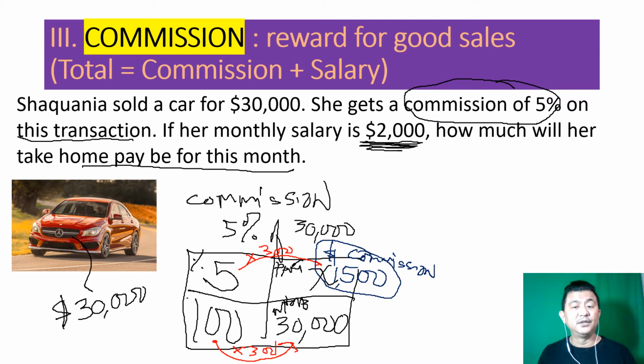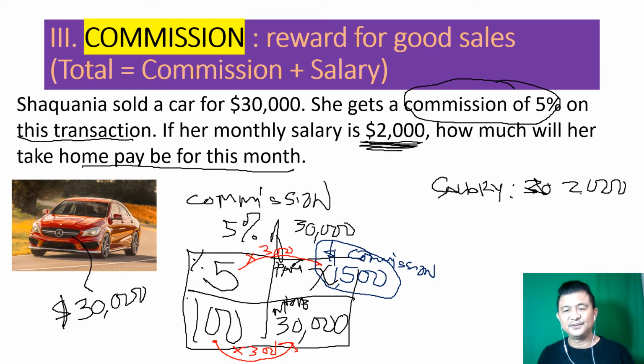But remember, we need to get the take-home pay at the end of the month. At the end of the month, she will get her salary of what? Of 30,000? No, the salary is 2,000. She won't get the 30,000. The salary is 2,000 plus the tip.